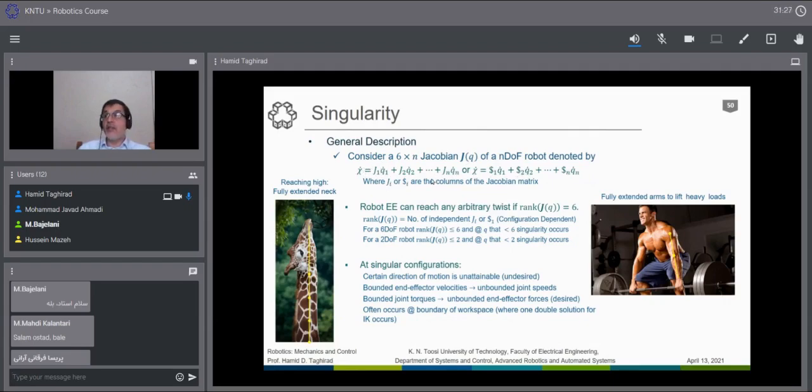Now we can see that a matrix becomes singular when these columns become dependent on each other. When these columns are independent, the matrix is invertible. But if one or a number of these columns become dependent on each other, then the determinant becomes 0 and the Jacobian becomes non-invertible.